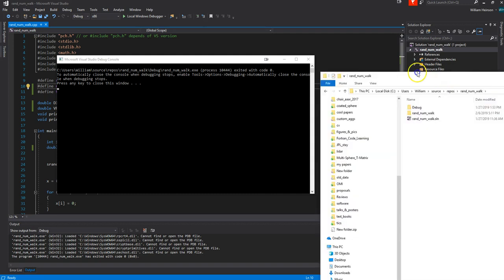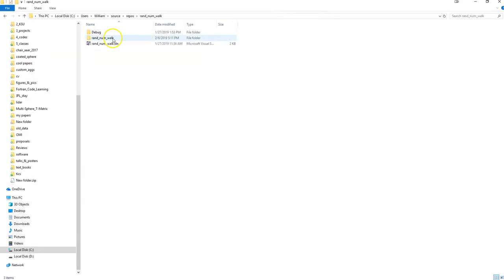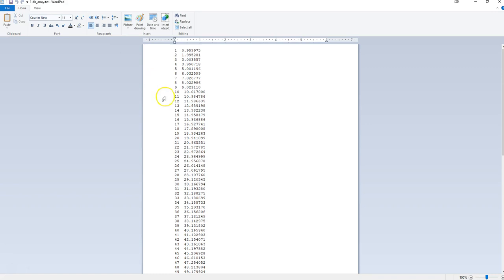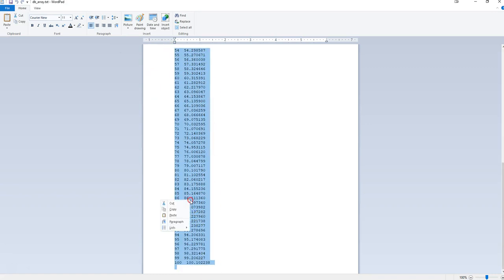Okay, so we'll find it, random walk, the variance array. This is what we told it to do, and you can see it's linear, 1-to-1.